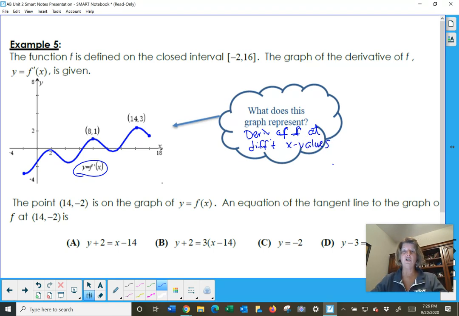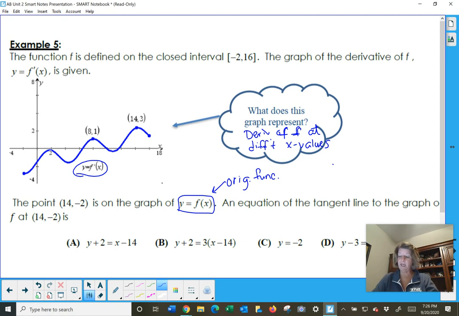So all I need to do is read the graph, and that is the actual slope for our original function f. So the point 14, -2 is on the graph of y equals f of x. So this is the original graph, right? You got to really pay attention to the notation. This is the original function.